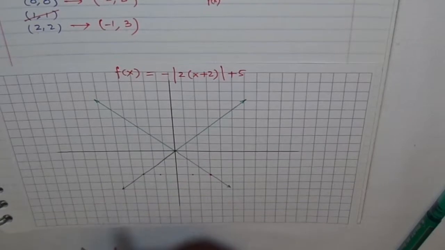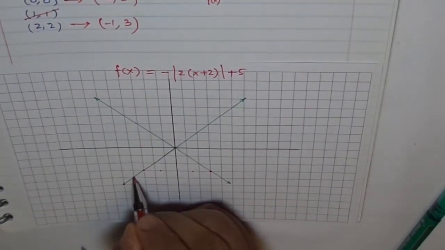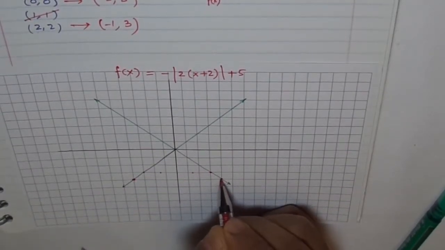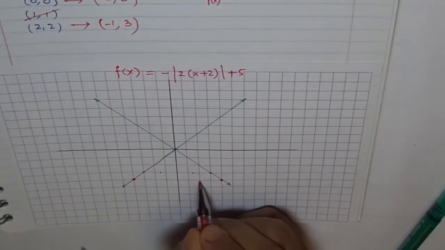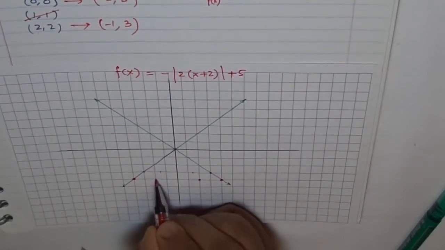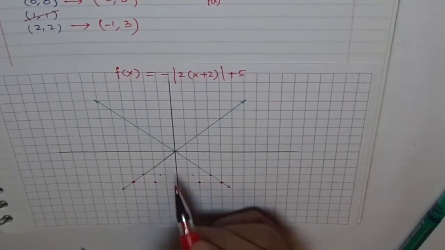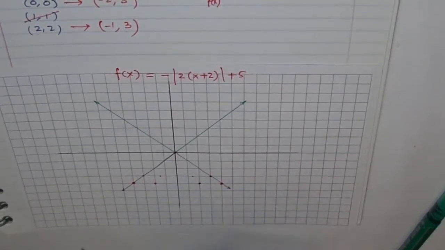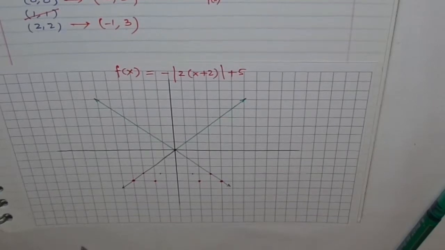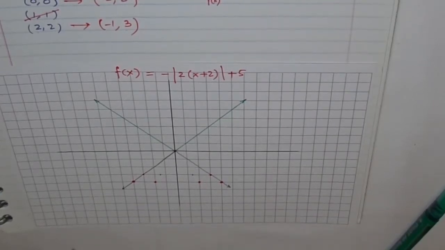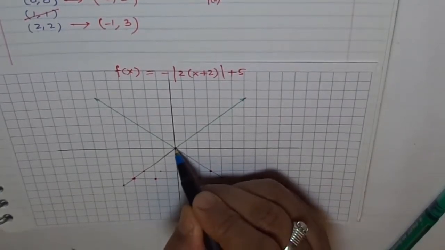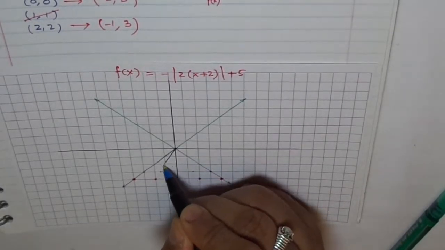It will come here. A better point for me was this. You understand? 4. Because half of 4 is 2. And I know 1.5 is kind of dicey. How about 0? 0 remains there because half of 0 is 0. So we can now join our line like this.